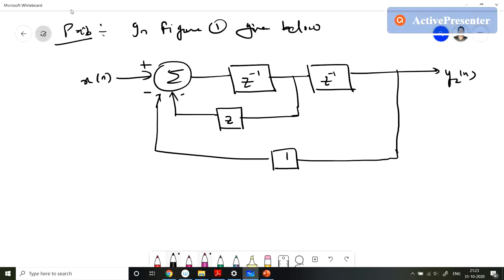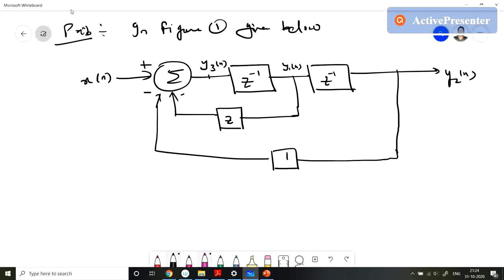So this is our figure, and at this point we have y1(n), and let this be y3(n), and this is y2(n).